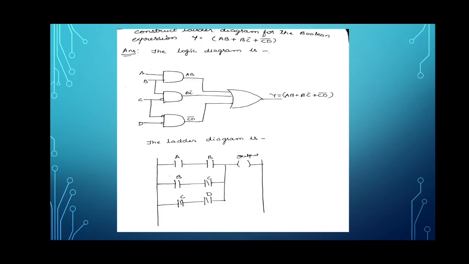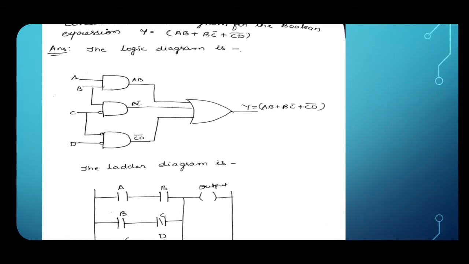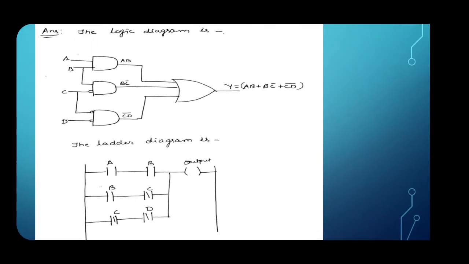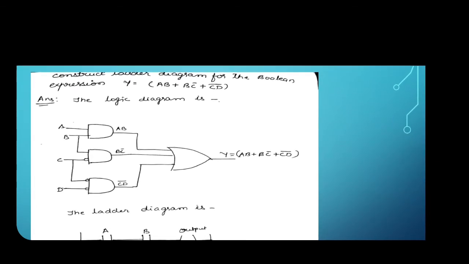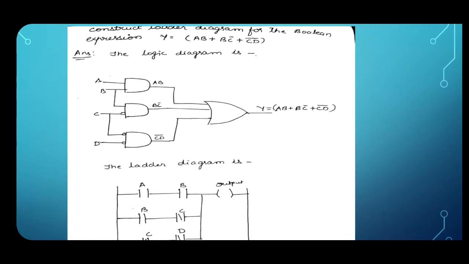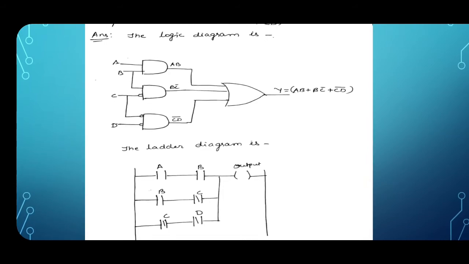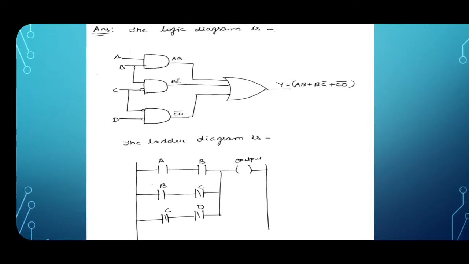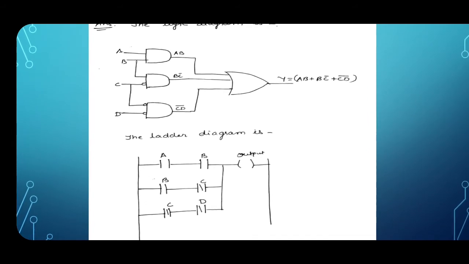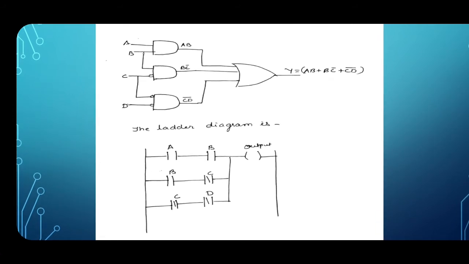Next question is construct the ladder diagram for the Boolean expression Y is equal to AB plus BC bar plus CD bar. So the logic diagram we will draw first. We know that the logical gates are available as 2 terminal or as 3 terminal.